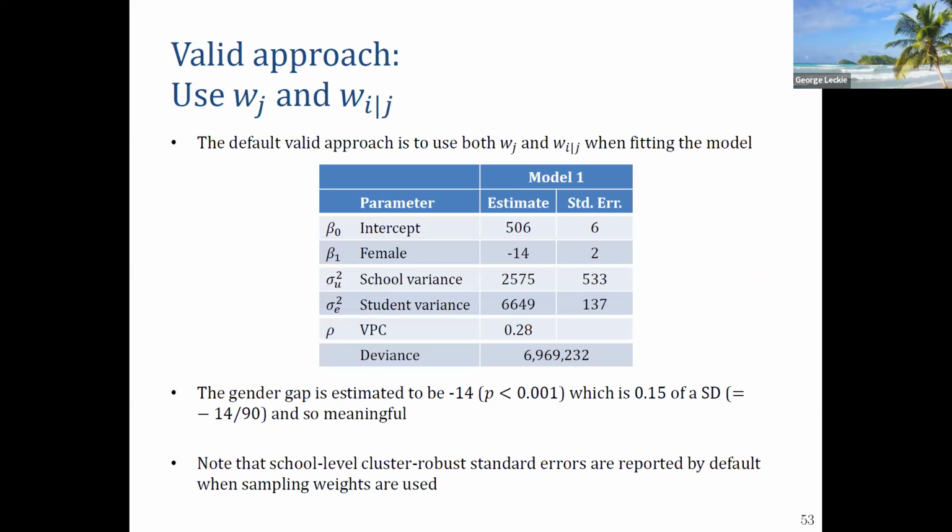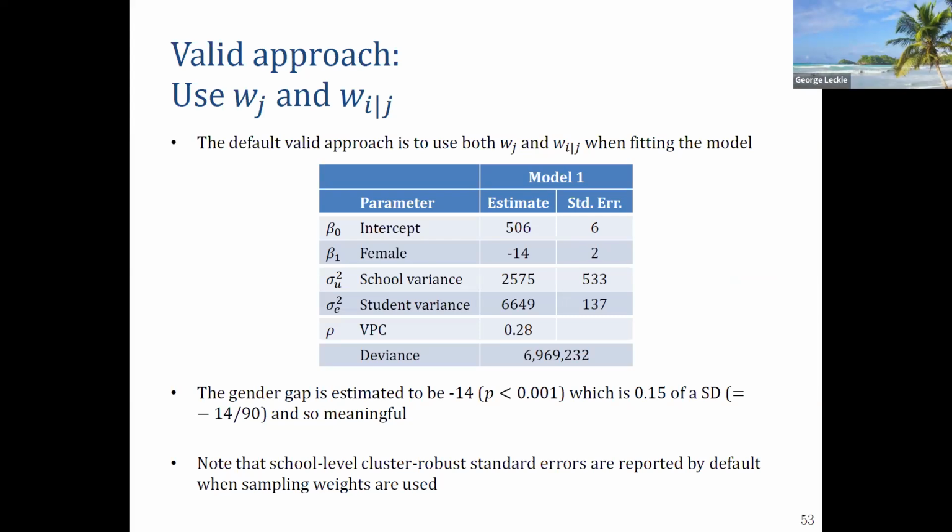This is the first time I've presented these slides, and I'm busy scribbling corrections for next time. So, default approach here. This is the starting position, which is to use w_j and w_i conditional on j, the school weight and the student weight.